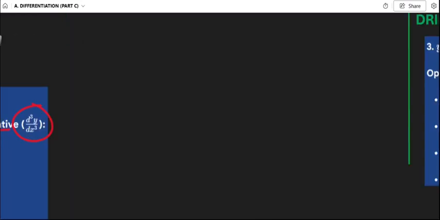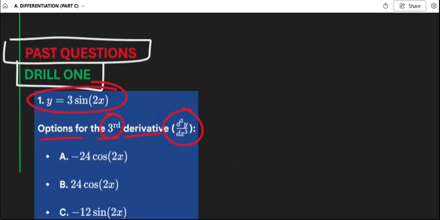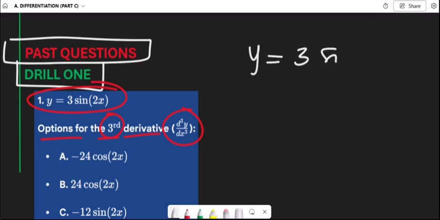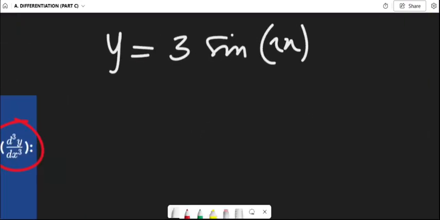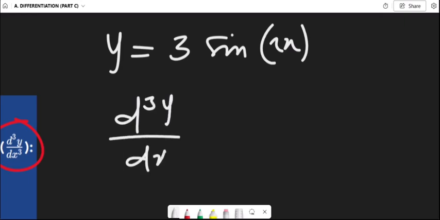Okay, at first, let's write down the value of y. The value of y is known to be 3 sine 2x, and we have to find the third derivative, meaning d cubed y over dx cubed. To solve this is actually simple.